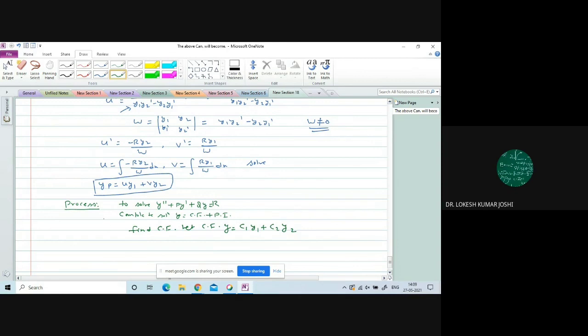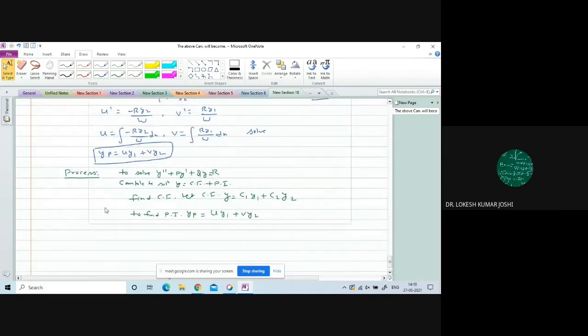To find the particular integral, PI, we write yp equals u y1 plus v y2, where u and v are functions of x. The formula is: u equals the integration of minus r y2 upon w dx, and v equals the integration of r y1 upon w dx, where w is the Wronskian of y1 and y2.